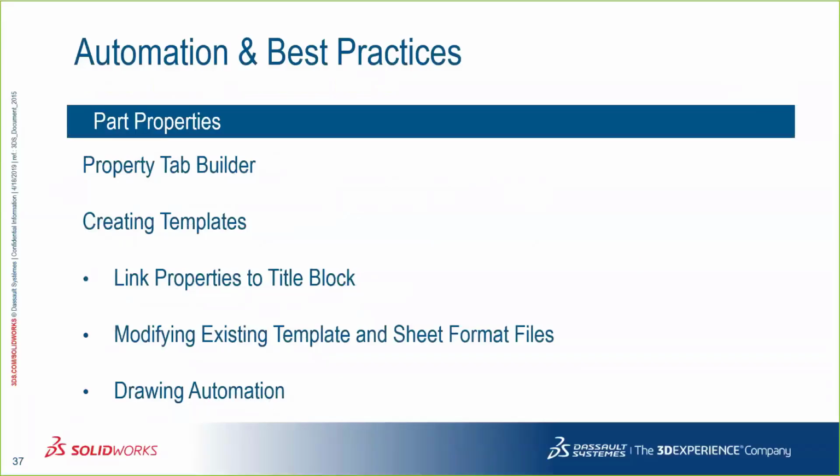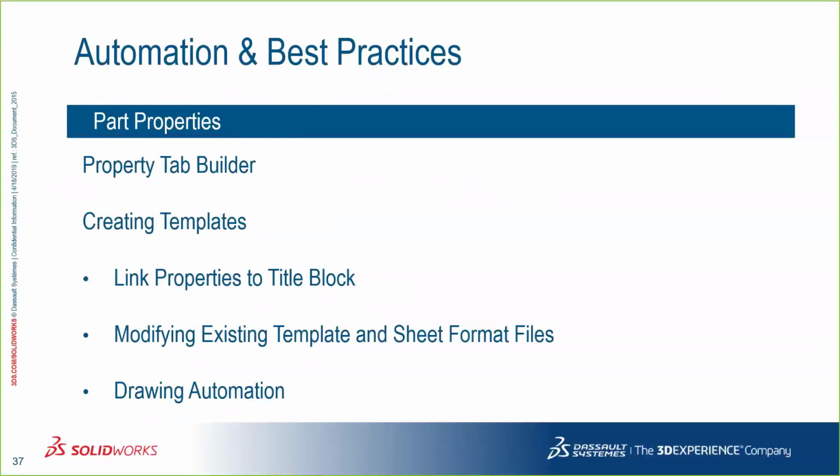All right, so that kind of leads me into the best practices and how to get things started. We went through the part properties and why that's important. We went through Property Tab Builder and why that can save us a lot of time. Something to note in Property Tab Builder is that I can create that tab builder, and I can also link that to my data card in EPDM.